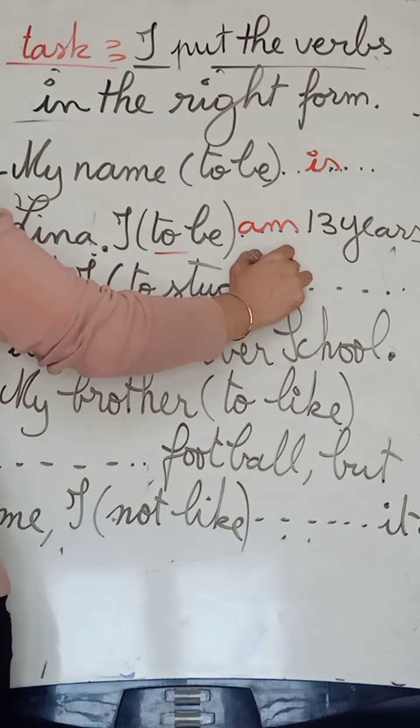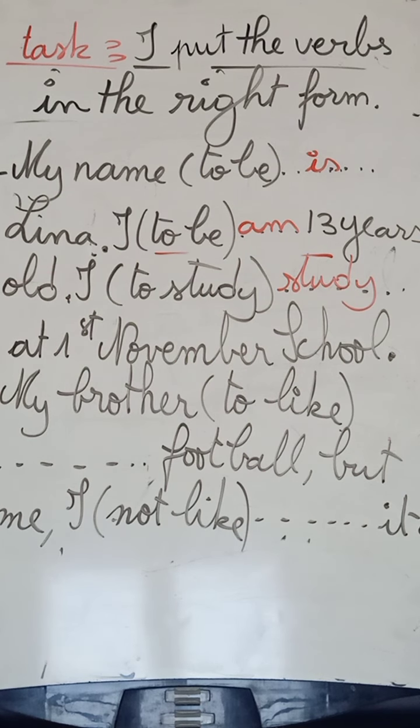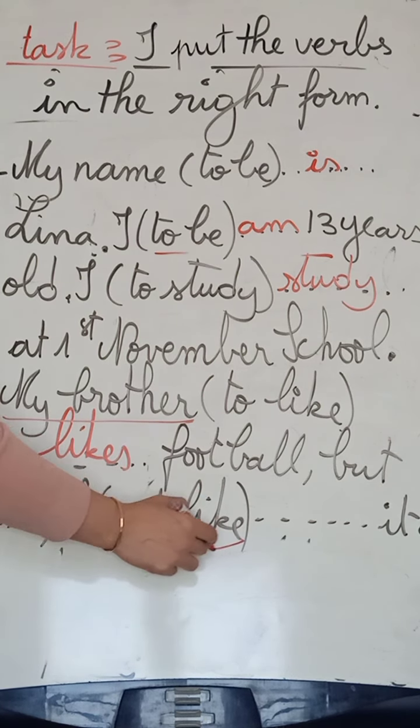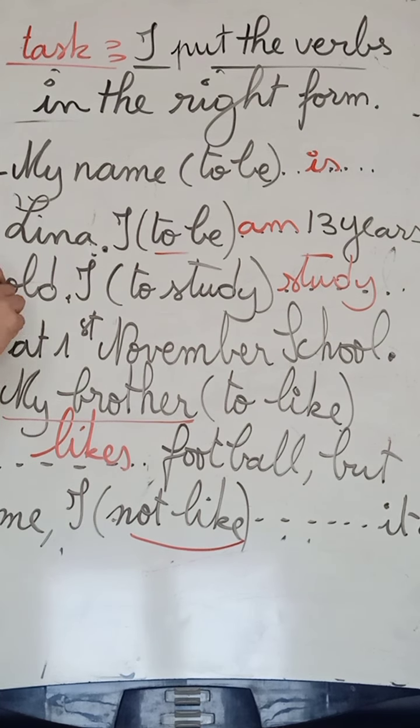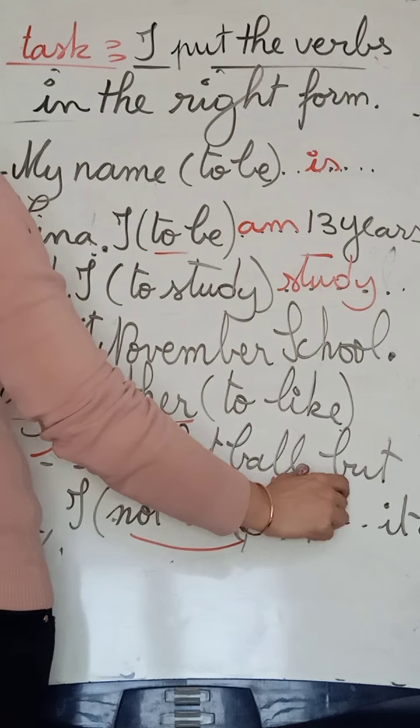I study at 1st November school. My brother likes, because I can replace my brother by the pronoun he, football. But me, here we have got negative. I don't like it.